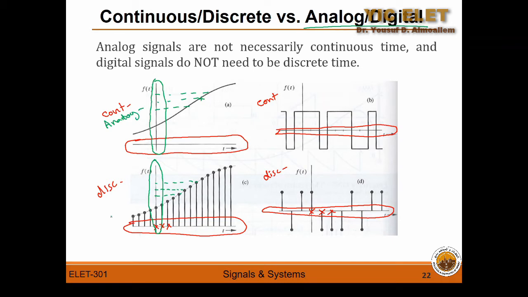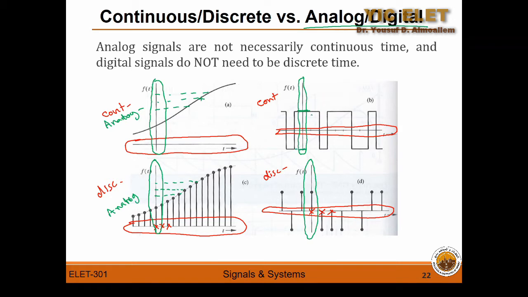Signal, and we call this analog signal. If you compare it with this one on the right side, we will find that these two vertical axis cannot take numbers unless it is on a certain value.